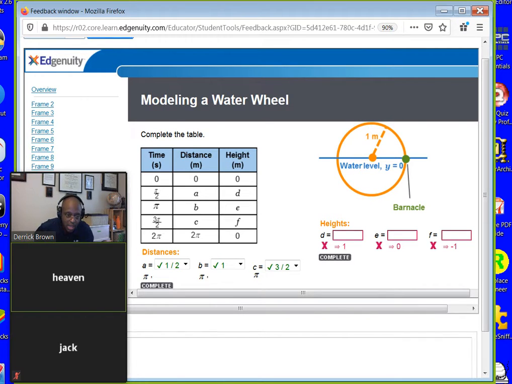So when I see that table, I've got to look at that table and say, okay, you're showing me a distance of what? Well, it turns out that it is the distance traveled by this green dot as it traverses or moves around this circle.